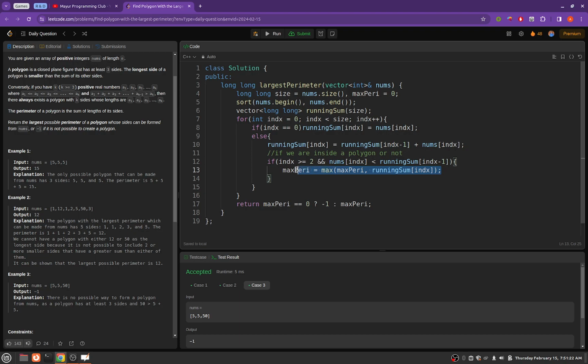If that's the case, we'll update our maximum perimeter and return whatever the value of maximum perimeter is. If the value of maximum perimeter is 0, it indicates that a polygon cannot be formed with the values given in the nums array. In that case, you will return -1 as mentioned in the problem statement. And if that's not the case, you will simply return your maximum perimeter value. So that is how we will be solving this particular problem.